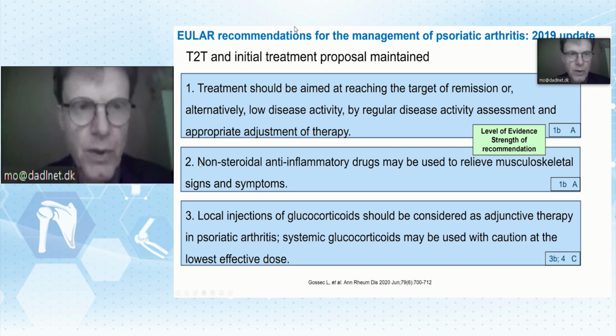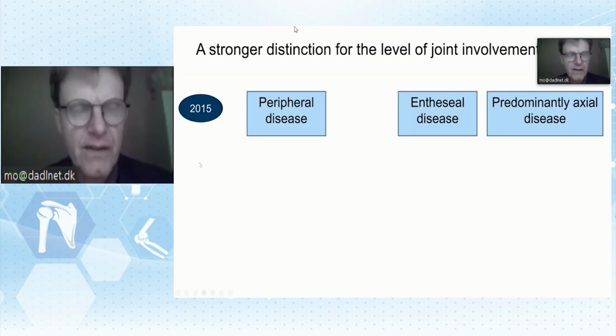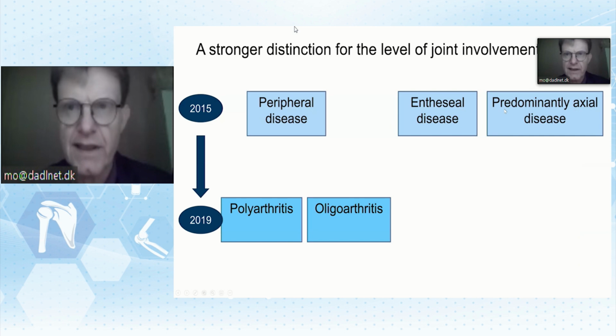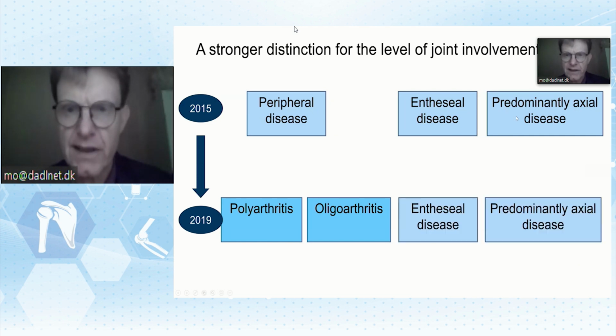And when you then move on, the most important difference from previous recommendations is that there was this division into peripheral, axial, and predominantly axial disease. Then it's been divided into one more category, the oligoarthritis and polyarthritis groups.